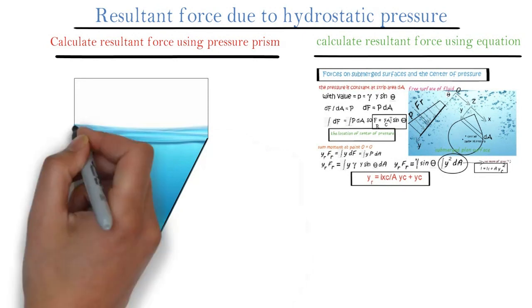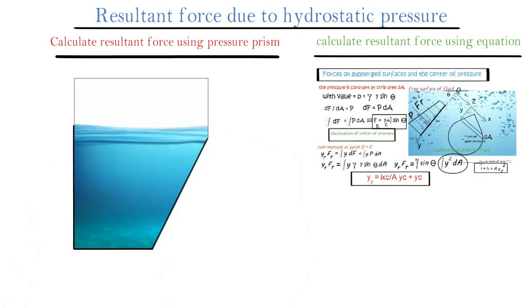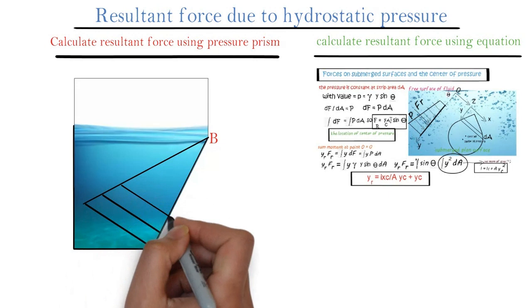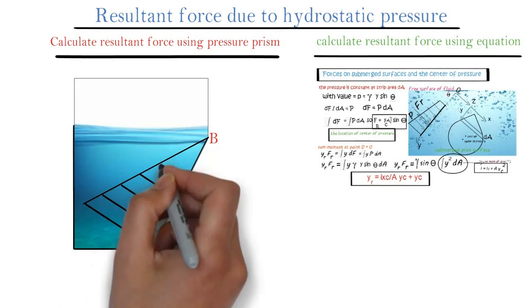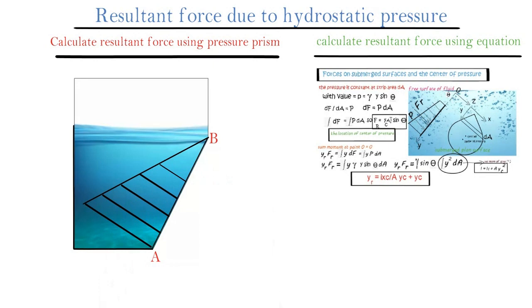Let's imagine we have this fluid vessel or container with oblique wall AP. As I told you, the hydrostatic pressure is proportional to the depth of the fluid. So don't confuse yourself about inclined distance, inclined and vertical and anything. We know the hydrostatic pressure is proportional to the vertical depth of the fluid.